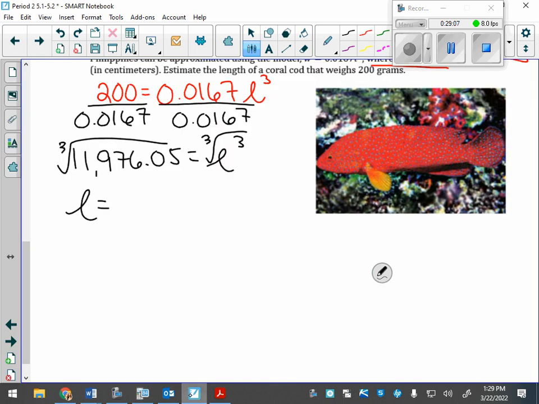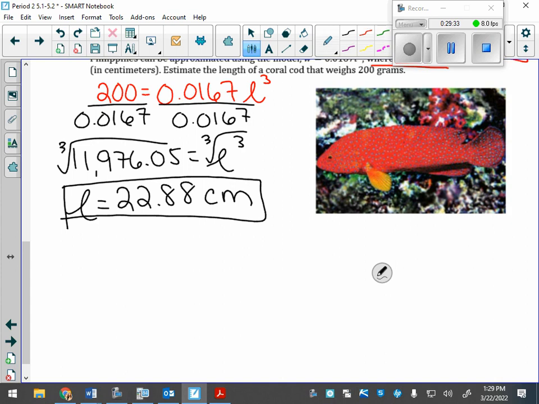What's another way you could enter this? 1/3. You're right. Raised to the 1/3 as well. And what do we get? 22.88 centimeters.